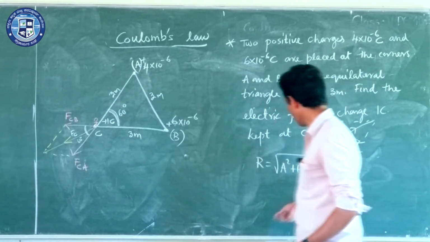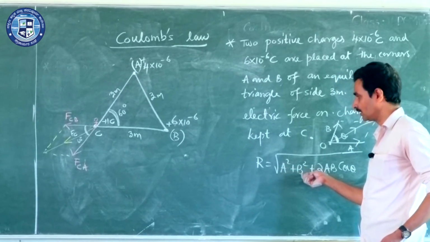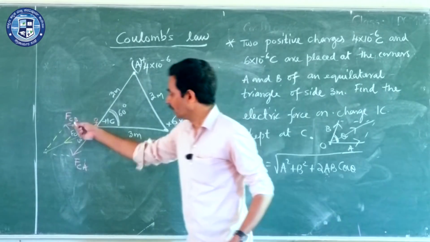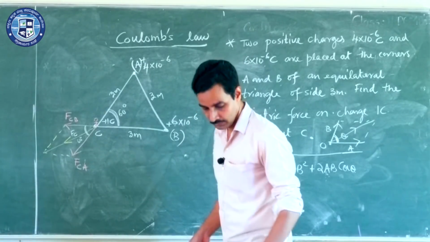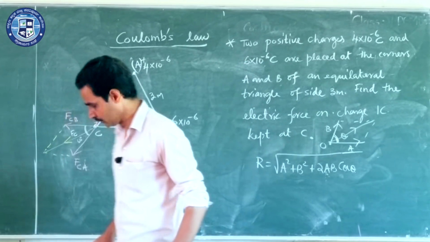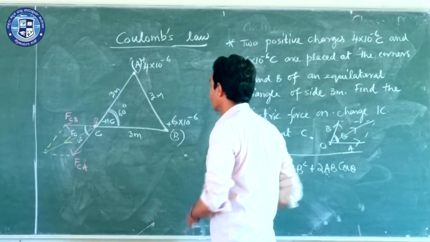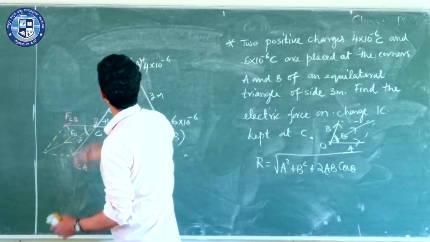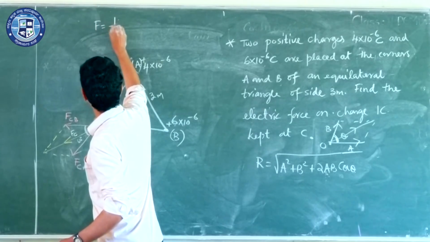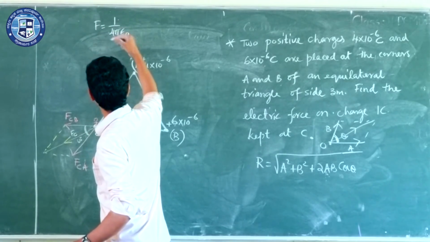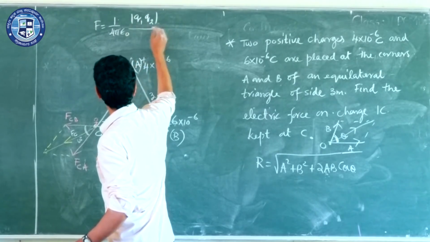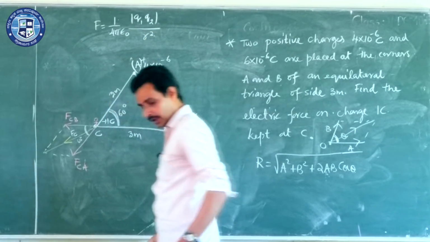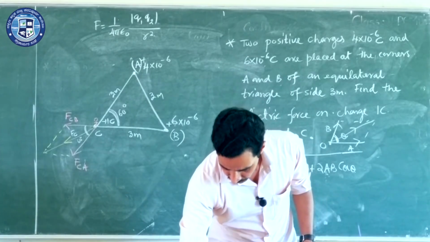But to substitute the first vector and second vector, you have to find them out. The electric force between two charges separated by a distance is given, magnitude wise, by 1 by 4 pi epsilon naught, where epsilon naught is the permittivity of free space, times Q1 Q2, magnitude only, divided by distance square. Now substitute the values.